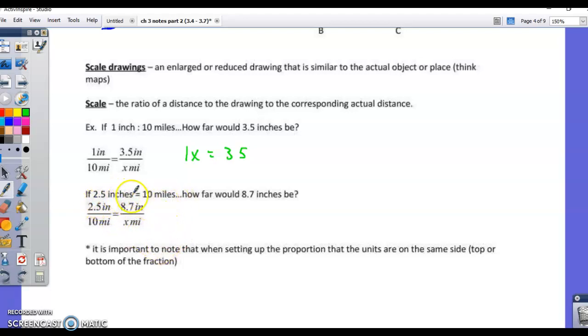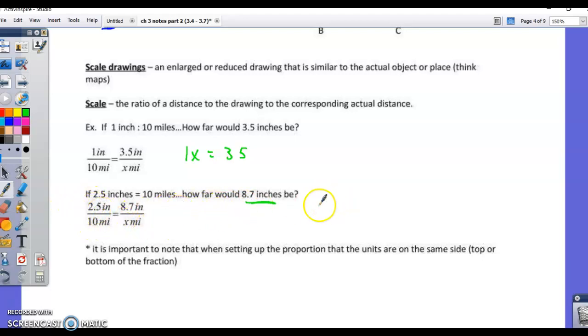If 2.5 inches equals 10 miles, how far would 8.7 inches be? All right, so if we're still doing it on a map, we can set up our first proportion as 2.5 inches to 10 miles. We know the inches, we don't know the miles, right? So we have X miles here and 8.7 inches. Then we again can use cross multiplication to set up that problem.